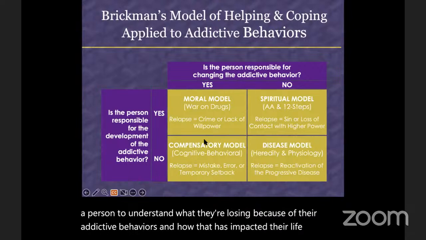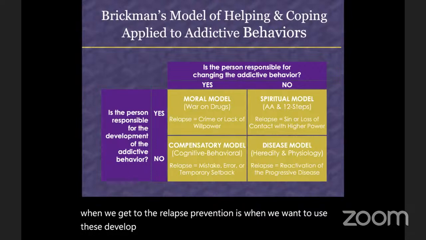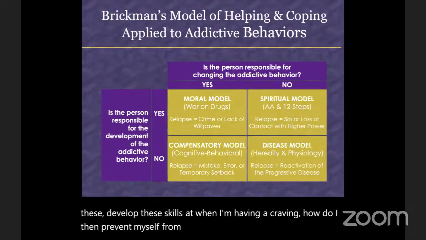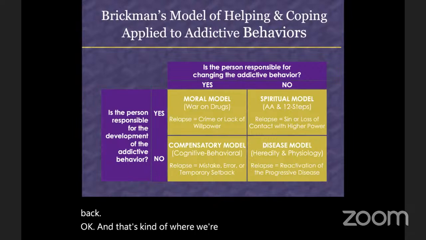But then when we get to relapse prevention, we want to develop these skills for when I'm having a craving, how do I then prevent myself from making that mistake or having that setback? Okay, and that's kind of where we're going with this idea of relapse prevention.